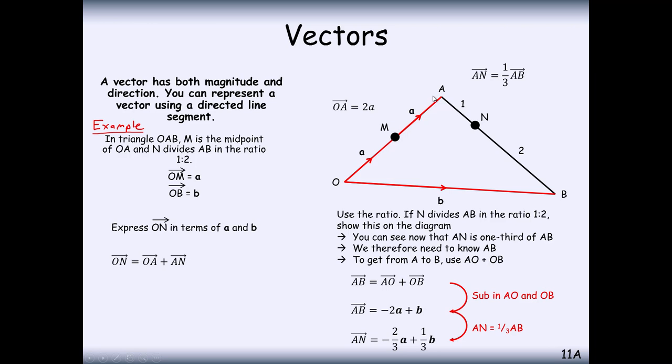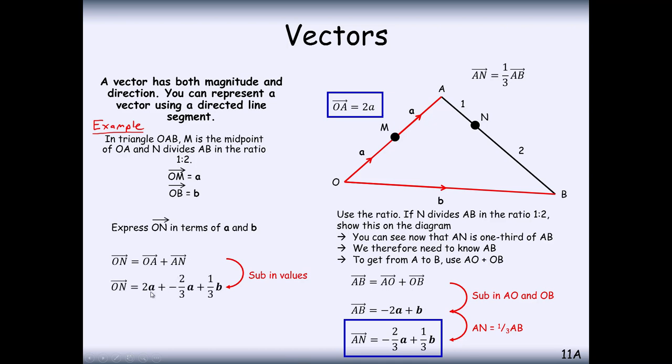So ON is 2a plus that. So if I work that out, 2a plus minus 2/3 of a plus 1/3 of b. I can simplify 2a minus 2/3 of a. That gives me 4 over 3 a plus 1/3 of b.